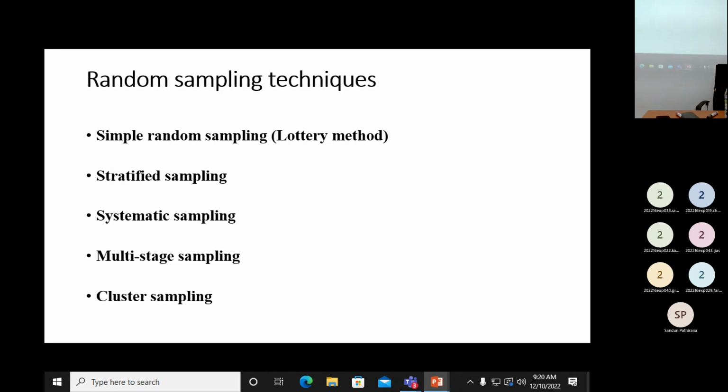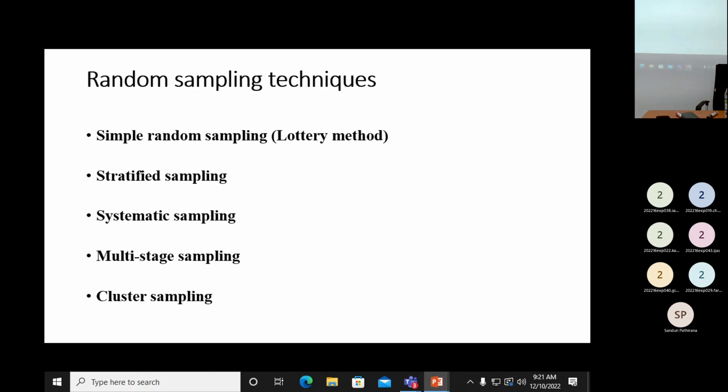This is the ratio, 30 to 20, or you can simplify it to 3 to 2. That's the ratio. If you take the total, 5. Then suppose that you need a sample of 10 employees.